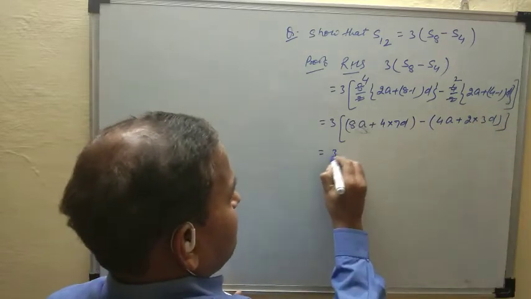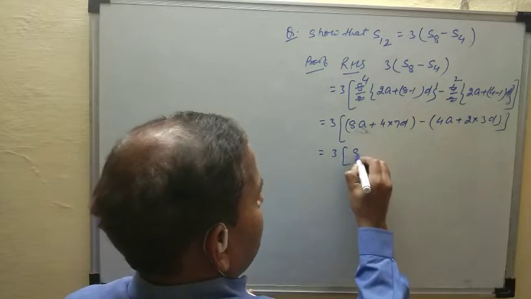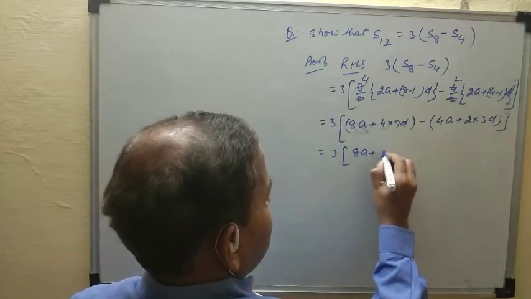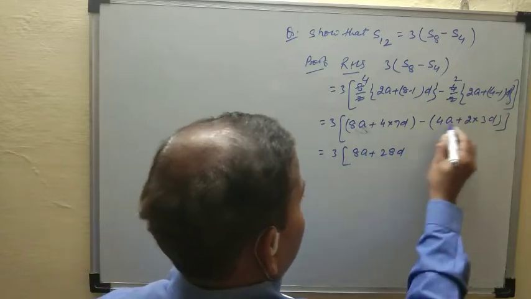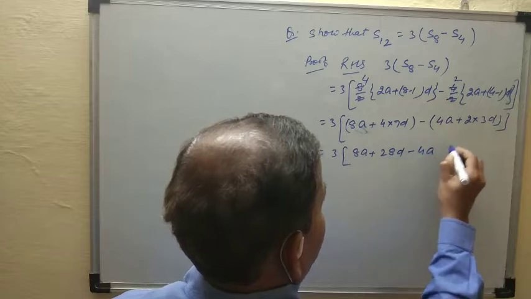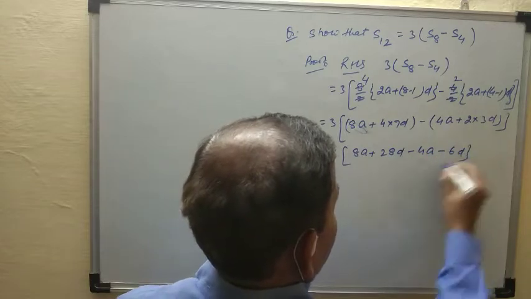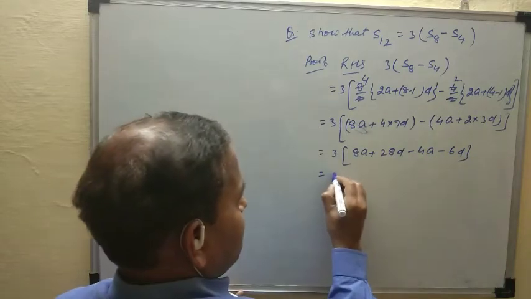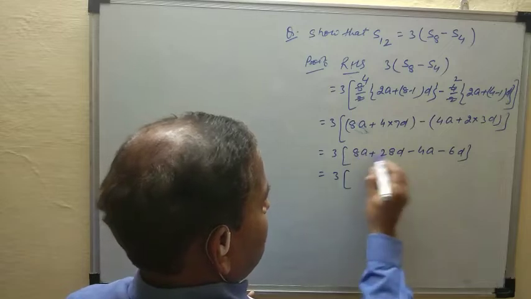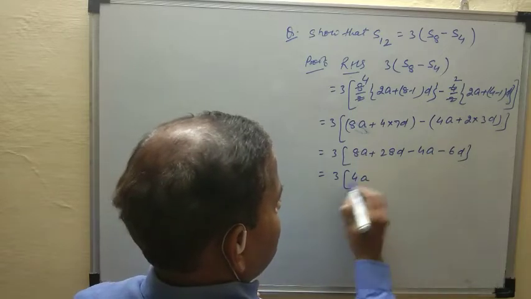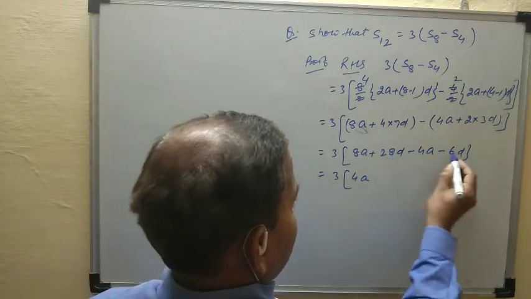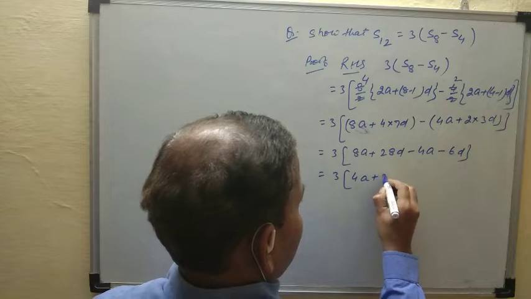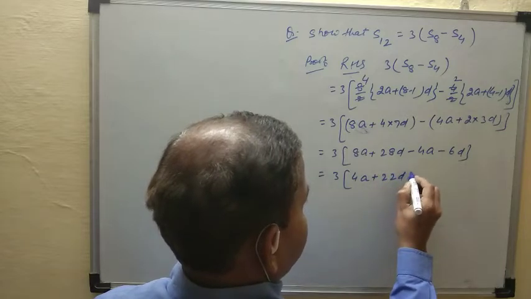Now open the bracket. So 8a plus 28d minus 4a and minus 6d. This is equal to 3, 8a minus 4a is equal to 4a, 28d minus 6d is 22d.